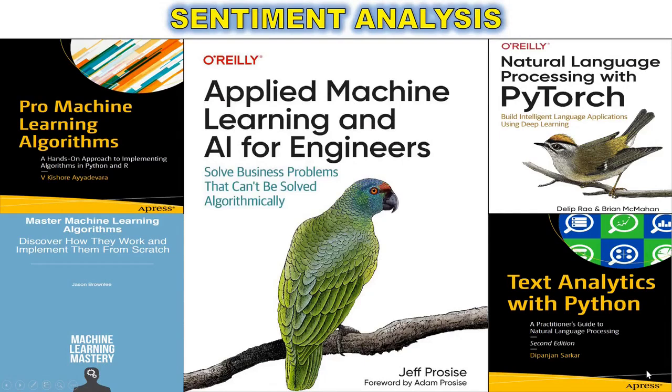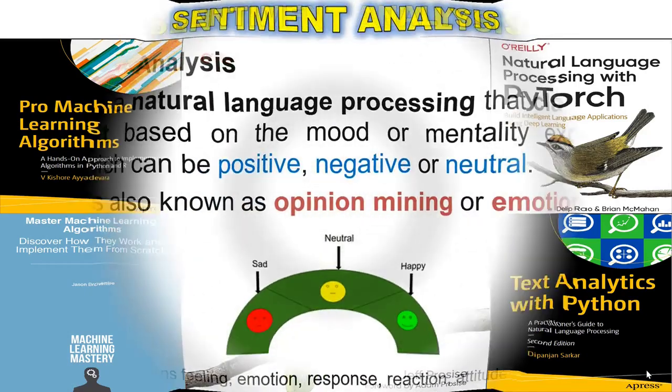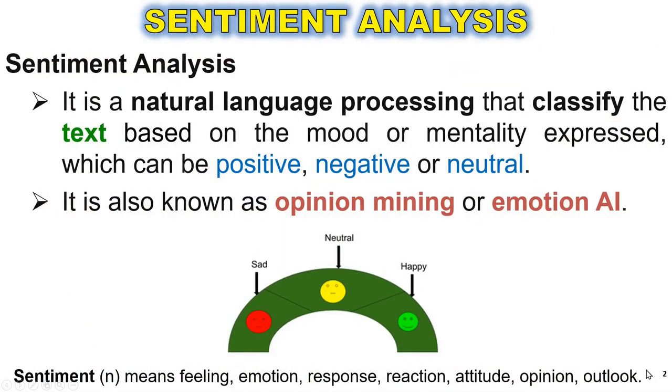Today, we are going to learn sentiment analysis in machine learning. Sentiment analysis is a natural language processing technique that classifies text based on the mood or mentality expressed, which can be positive, negative, or neutral.